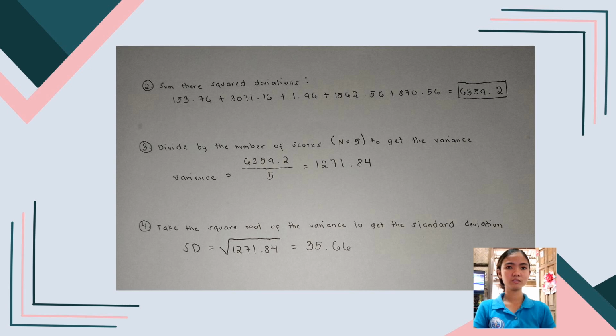So yan po is dinivide lang yung number of scores para makuha yung variance. Tapos yung total niya po is 1,271.84. So yun po. So sa number 4, take the square root of the variance to get the standard deviation. Ganyan po. Hindi ko din po alam kung tama yan.